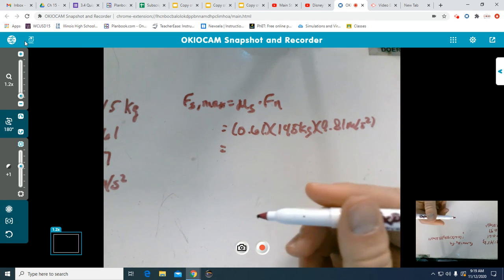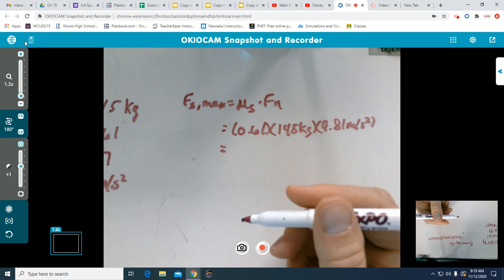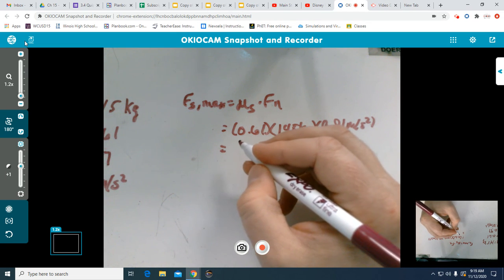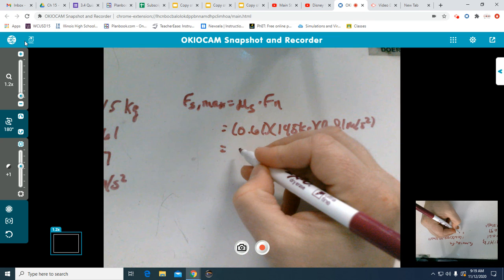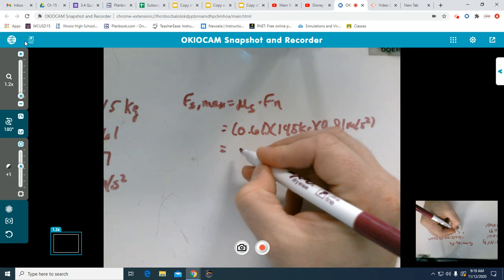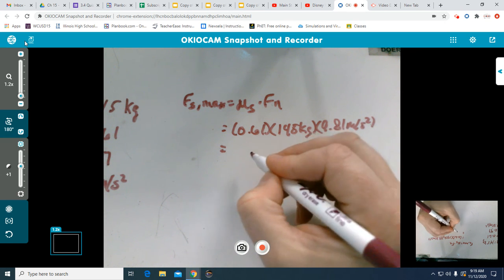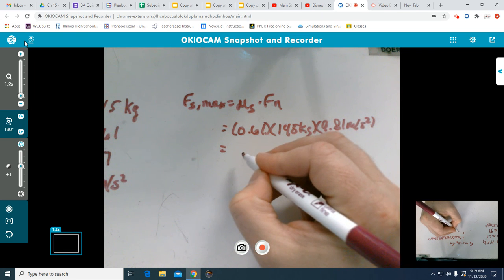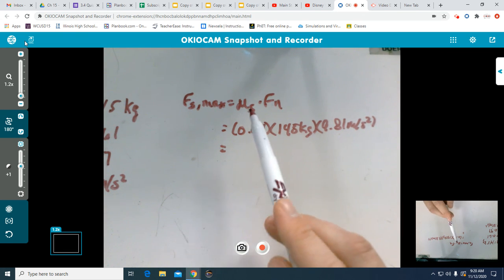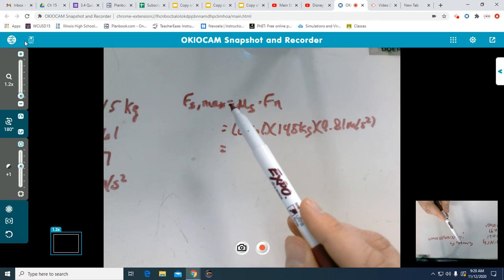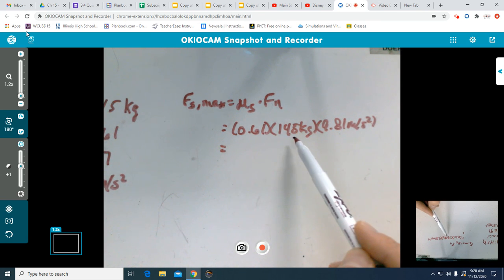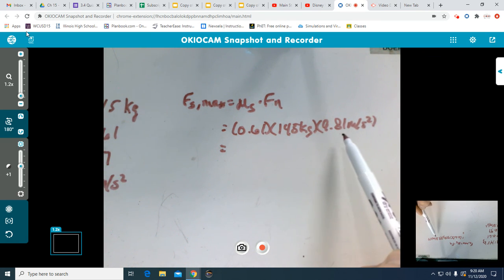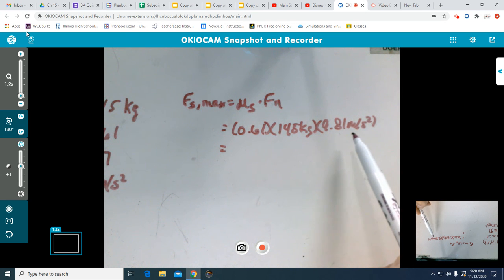So what is our force that is being applied here? Yep, that's the mass times 9.81 meters per second squared.